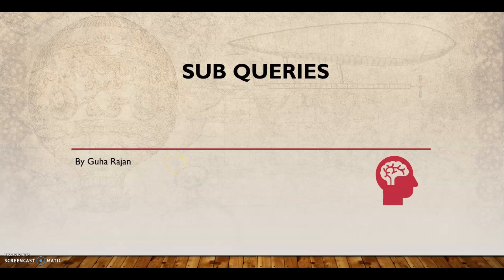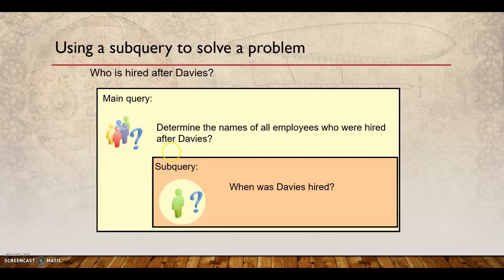Subqueries also find extensive use in SQL. So this is a kind of a condition. Determine all employees who were hired after Davis. So we need to know first when Davis was hired, the date on which he was hired, then whatever folks have been recruited after that.